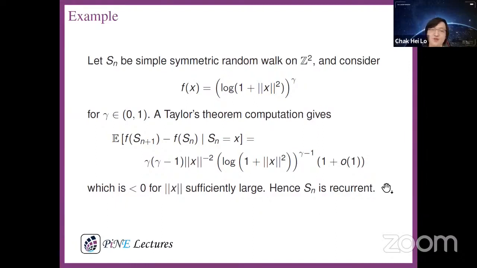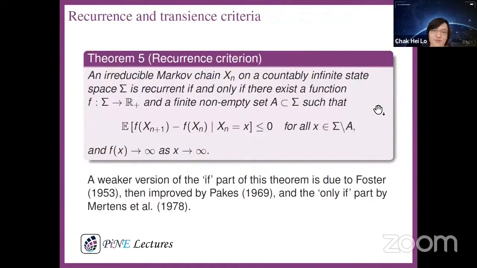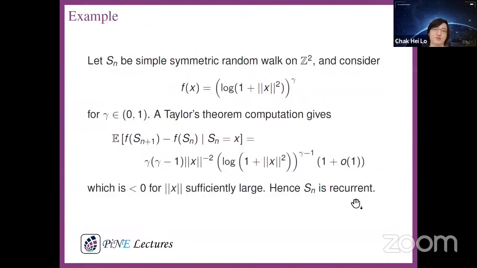So essentially we prove part of Pólya's theorem here, because what it says is that for a two-dimensional simple symmetric random walk, this random walk is recurrent. So it's part of Pólya's theorem, which is different from the original proofs by Pólya. And if we have this theorem in our hands already, then proving Pólya's theorem takes just a few steps.